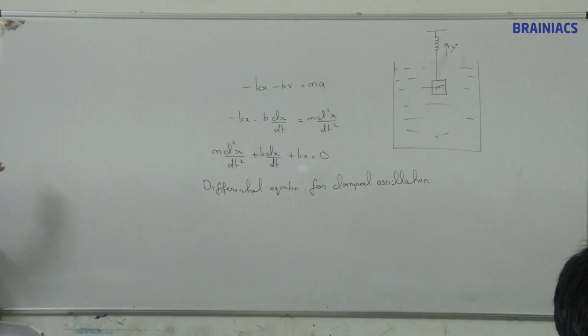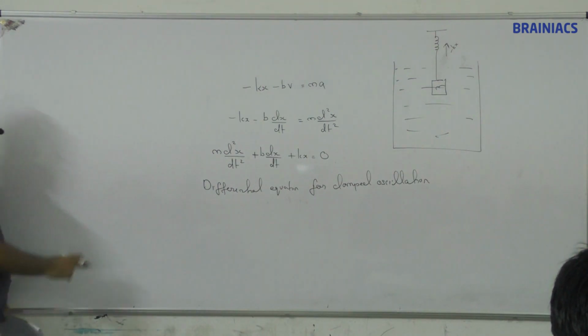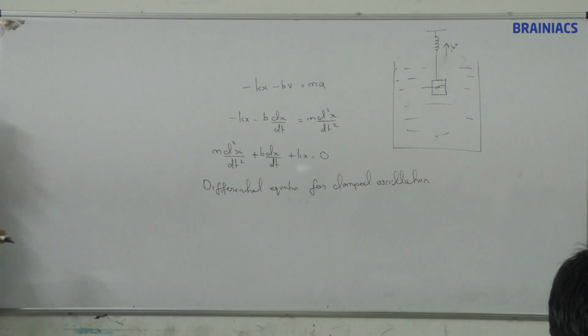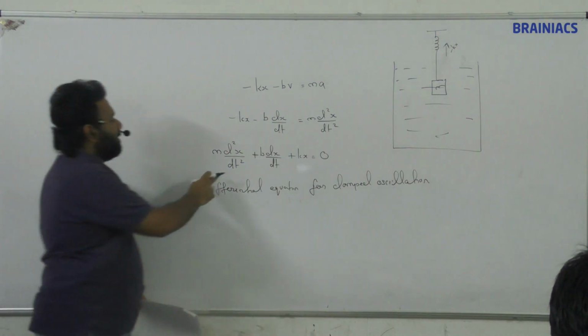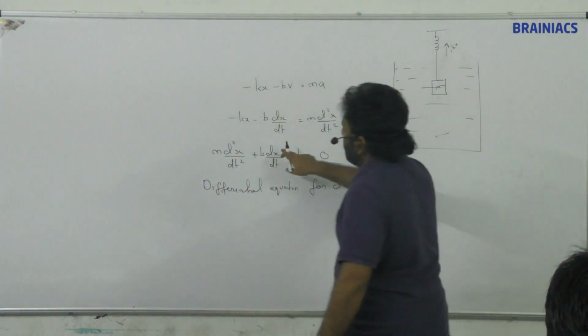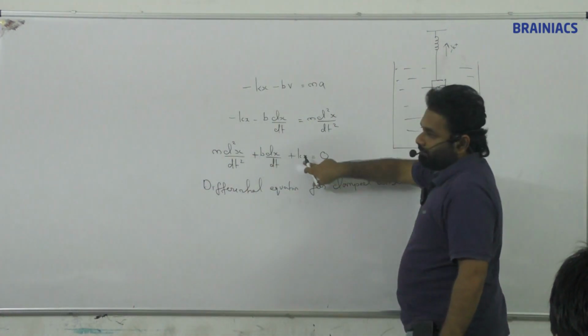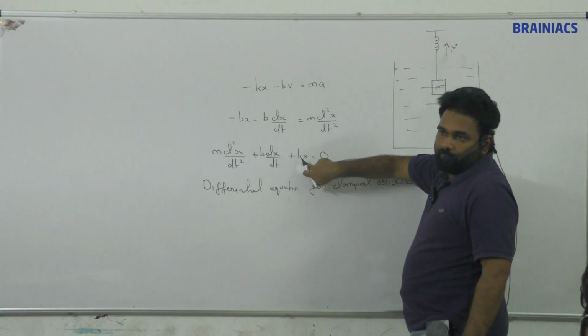Now if I solve this equation, this is a quadratic equation in differential form, right? If I solve this mathematically, I will be getting displacement. Here what is there? d square x by dt square, here dx by dt, here x. Actually x is the variable.